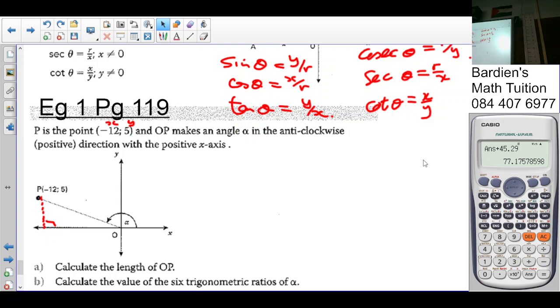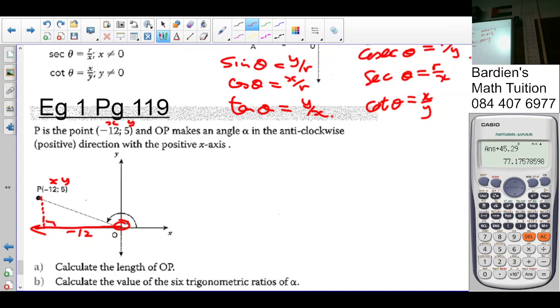Okay. So remember people, we said this is an x and a y. Can you see that? So, if negative 12 is your x, then negative 12 belongs there. Why? Because this is your x-axis, and this is on the negative part of your x-axis. That's why you got negative 12.